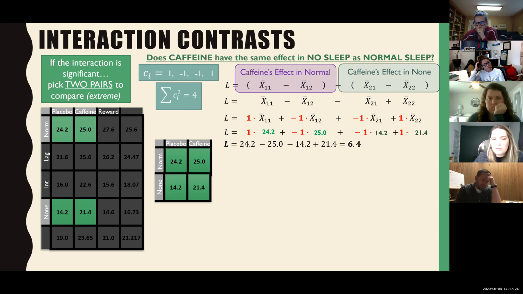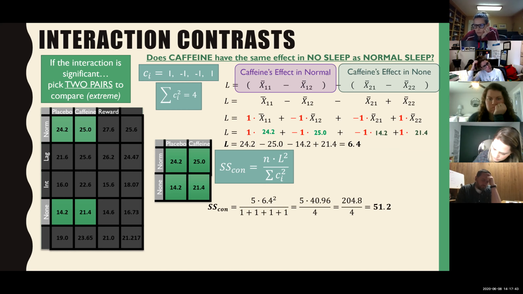To get my sum squared, I do my number per group times L squared divided by the sum of my C squareds. The only complication here is what's N. N is the number for each cell. The cells each had 5 people. So we do 5 times my linear contrast number squared over my sum of my C squared.